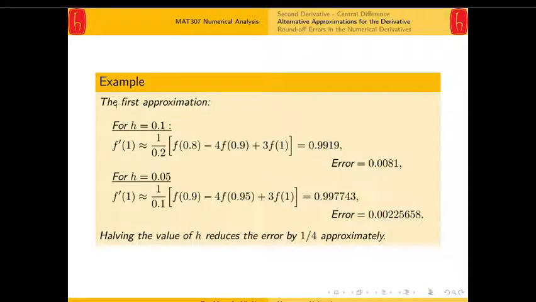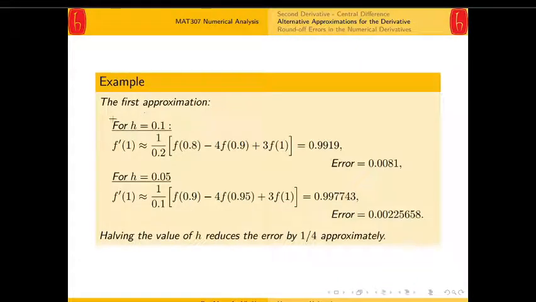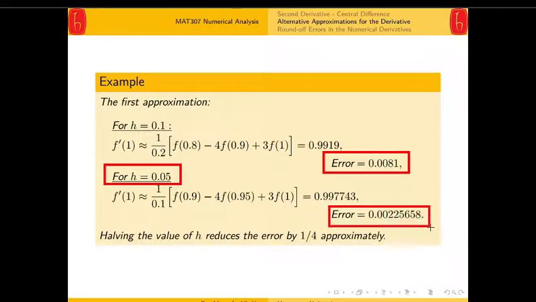Okay, so let's start with the first approximation. So the first approximation is this one. If we work with h equal to 0.1, we just substitute the values of the function and h into the formulation, nothing else. If we do that, we see the error is equal to 0.0081. And if we do the same for h equal to 0.05, then the error will be this quantity.